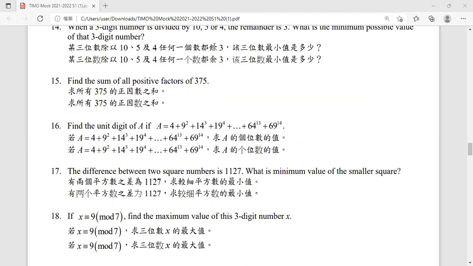Okay, you try again. This one, 676. Now you try this one. You can easily factorize it into what? 2 squared times 13 squared.